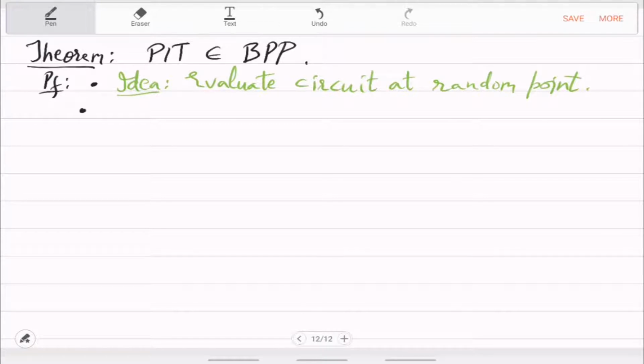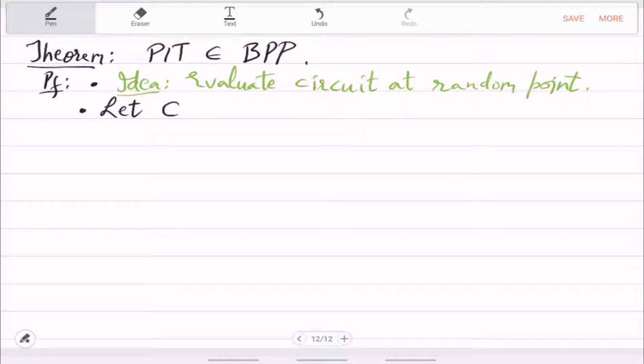If the evaluation comes out to be 0, then you don't get any information, because either the circuit was indeed 0, or the circuit was not 0 but the point you picked is bad, so it's actually a root. In that case, how do you show that the error probability is small? That will need a lemma which is very useful in computer science. So let us do all that.